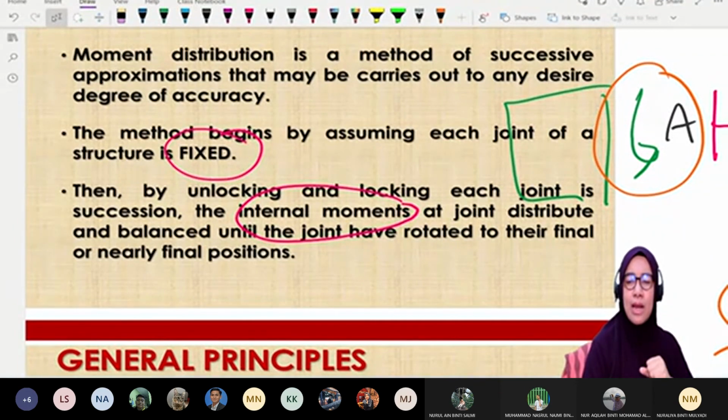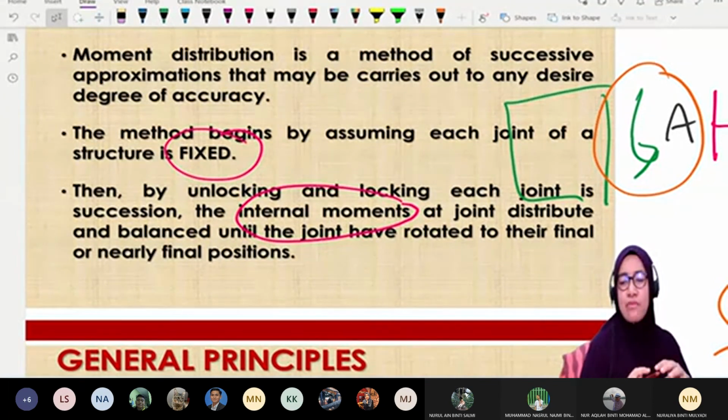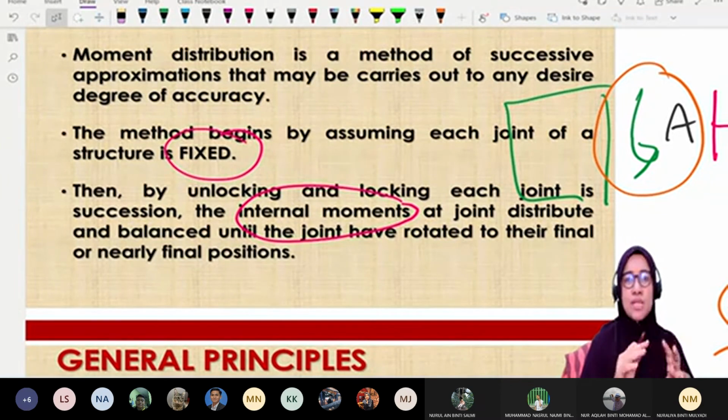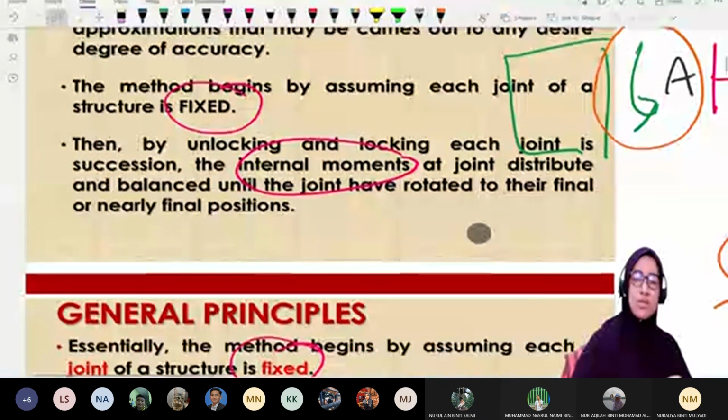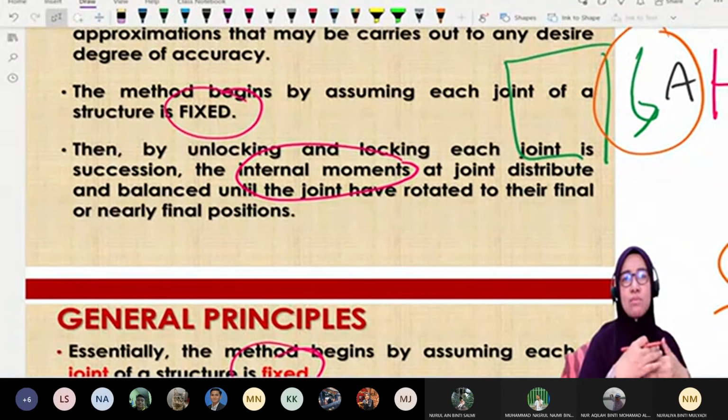And then by unlocking and locking each joint, the internal moment at the joint is distributed and balanced until the joints have rotated to their nearly final position. In the moment distribution method, what we do is calculate internal forces, which is called member end moment. The way is we distribute the moment. How do we distribute the moment? We multiply by a factor. We repeat the same process again and again until the moment reaches zero value.